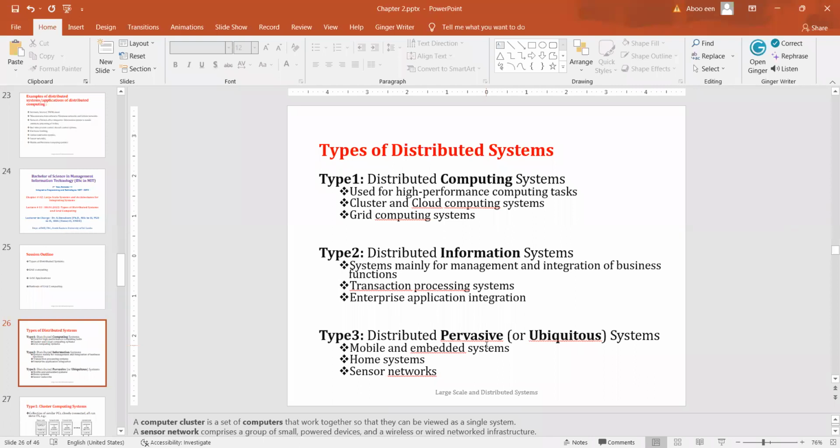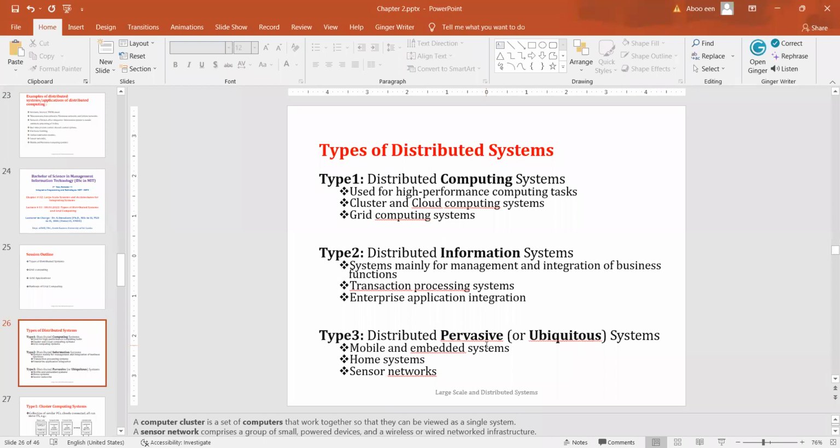So type 1, type 2 and type 3. When you look at these three types, can you summarize the focus or area that each type of distributed system is going to serve? You see, type 1 distributed systems are entirely for some special task or special requirement, so high performance computing.